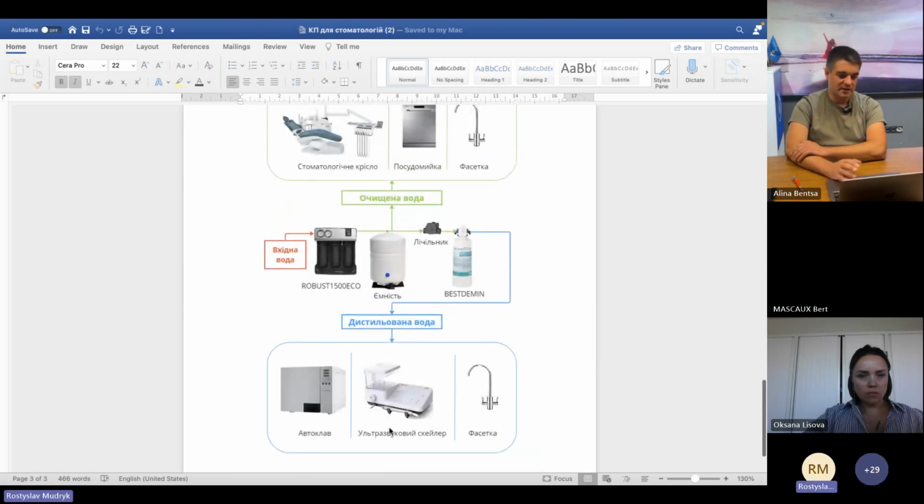So basically, this is the answer to Kate. We collect the RO water in the tank, and the water is treated by the mixed bed when you open the faucet. I believe I have answered the question from Katerina.